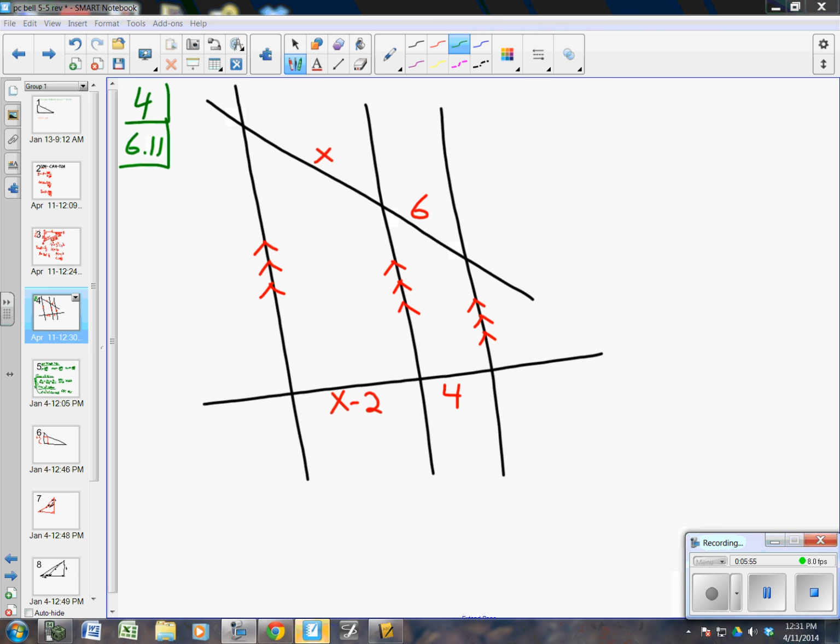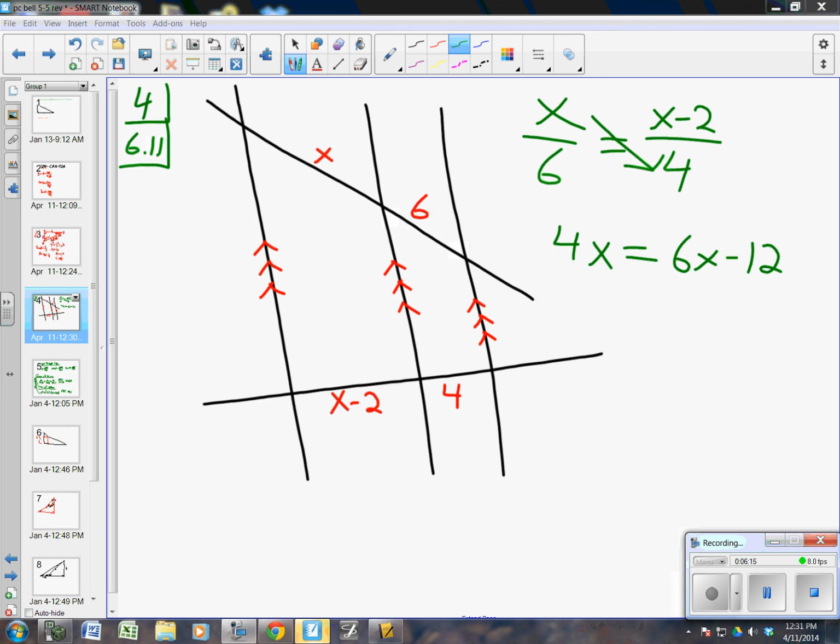Okay, let's do this one. X over 6 equals x minus 2 over 4. Can we do that one? If we cross multiply, we get 4x equals 6x minus 12 if we distribute that 6 times the x minus 2.